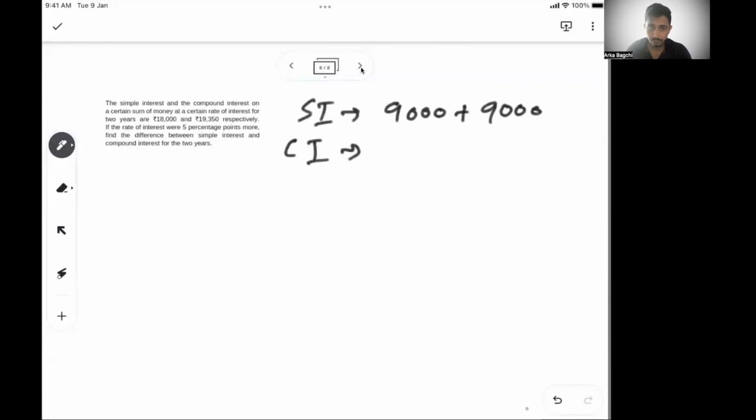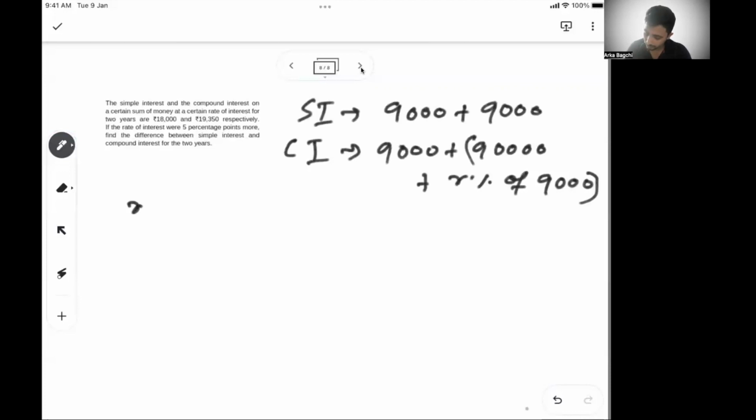CI is going to be 9,000 for the first year, again 9,000 for the second year, plus R% of 9,000, because of this only the interest in the next year is more. So R% of 9,000 is creating this difference between 19,350 and 18,000, because the second year is where the difference is getting created.